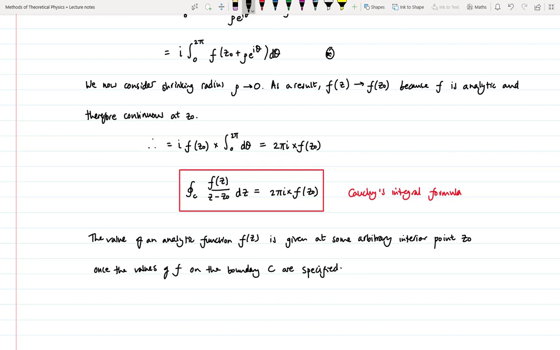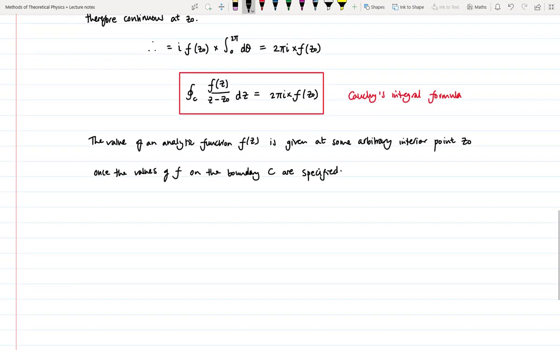To finish this video, I'll write down a very simple example of how to apply Cauchy's integral formula. Imagine we want to determine the integral along a contour C of e to the z over z minus 2 dz.